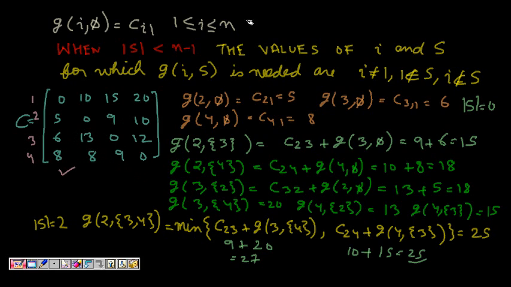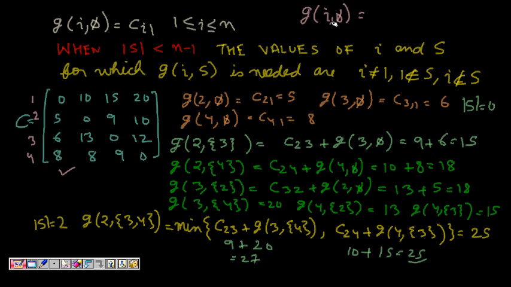So now let's see. We have G, and I go from bottom up, I calculate G(i, S) for S of all sizes from 0 to n minus 1. Okay, so G(i, phi) means what?